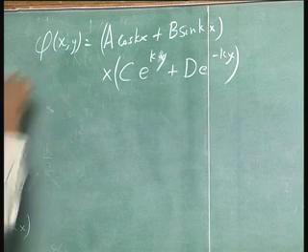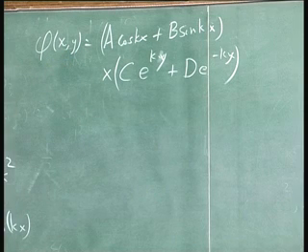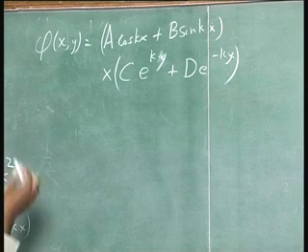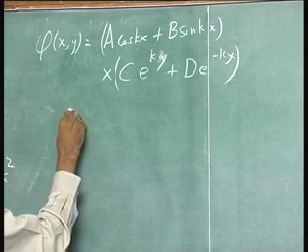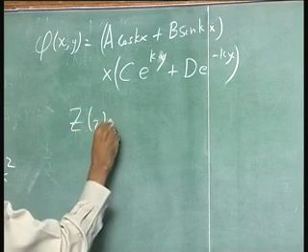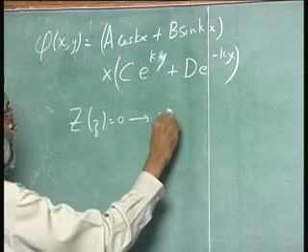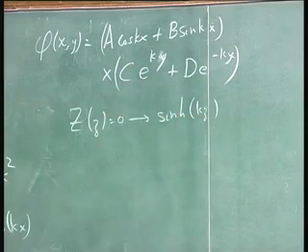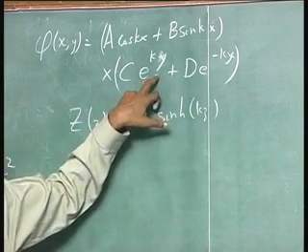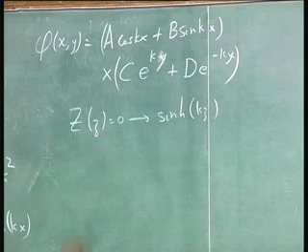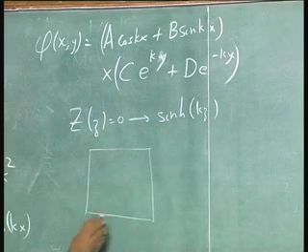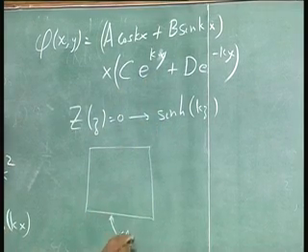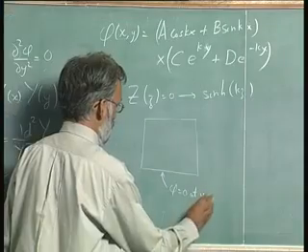So, exactly the same structure, but now I have to fit my boundary conditions. The same argument that allowed me to say capital Z of z equals 0 led to sine hyperbolic of kz will now allow me to simplify the y dependence, because I have a boundary condition where phi equals 0 at y equals 0.